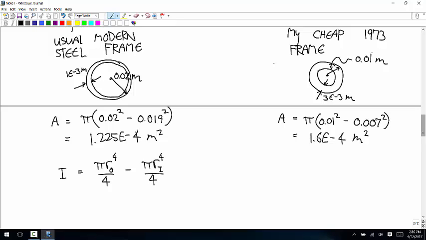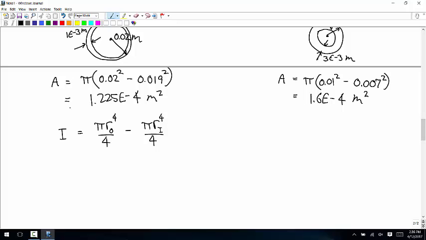And so for this one, I is equal to pi times 0.02 to the fourth minus 0.019 to the fourth.